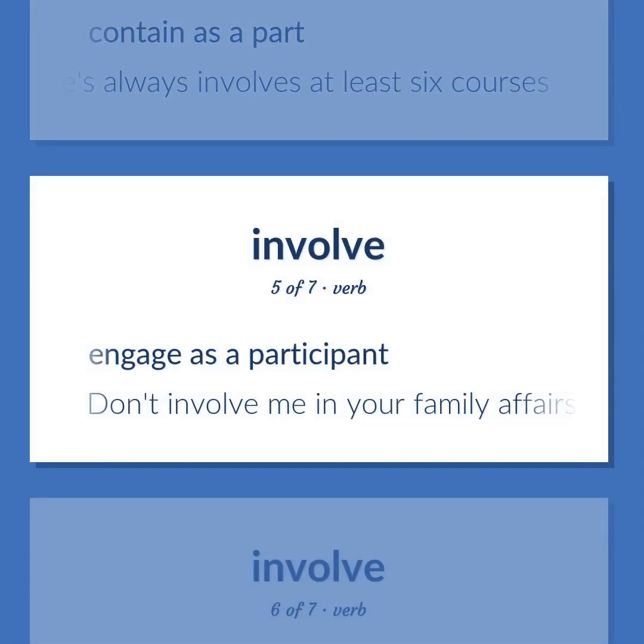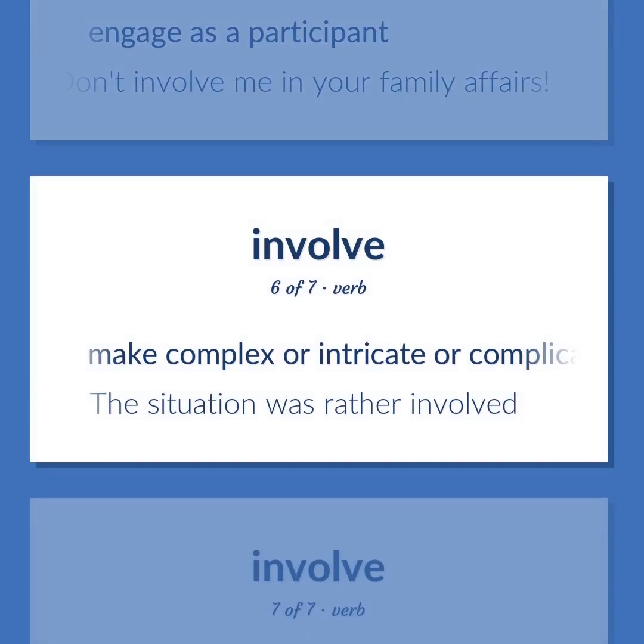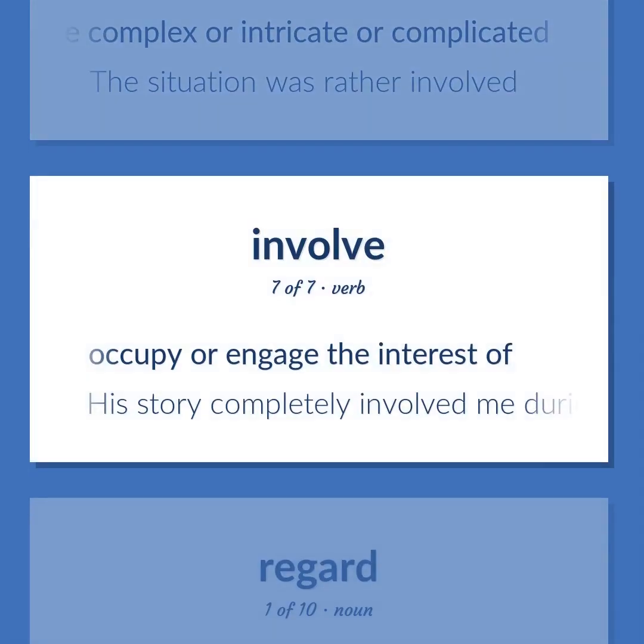Engage as a participant. Don't involve me in your family affairs. Make complex or intricate or complicated. The situation was rather involved. Occupy or engage the interest of. His story completely involved me during the entire afternoon.